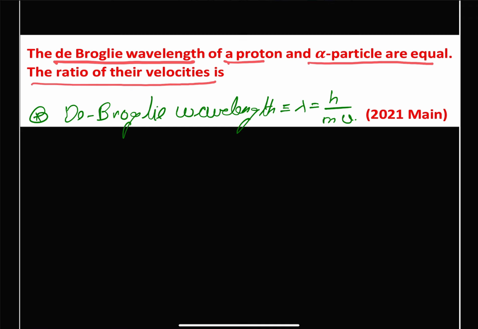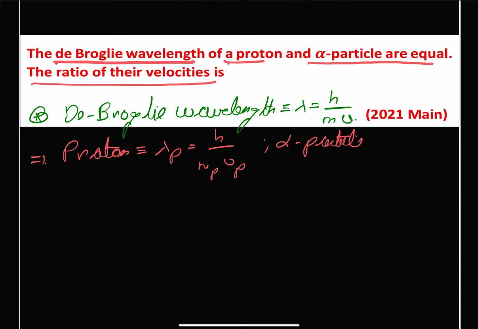So we have two de-Broglie wavelengths. For proton we can write lambda p is equal to h upon mass of proton, velocity of proton. And for alpha particle, lambda alpha is equal to h upon mass of alpha and velocity of alpha.